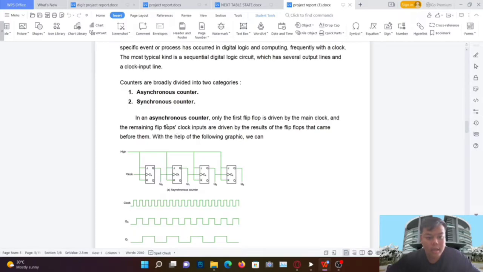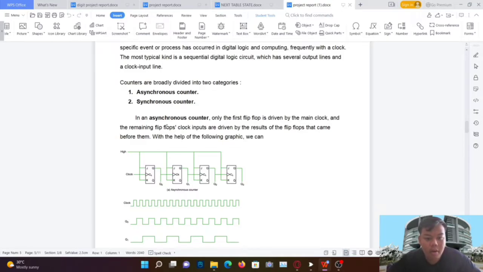In an asynchronous counter, only the first flip-flop is driven by the main clock, and the remaining flip-flop clock inputs are driven by the output of the flip-flop that came before them.